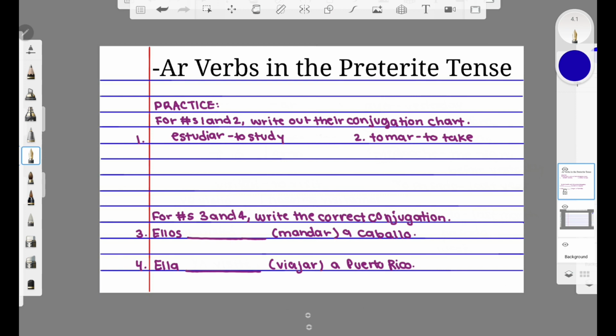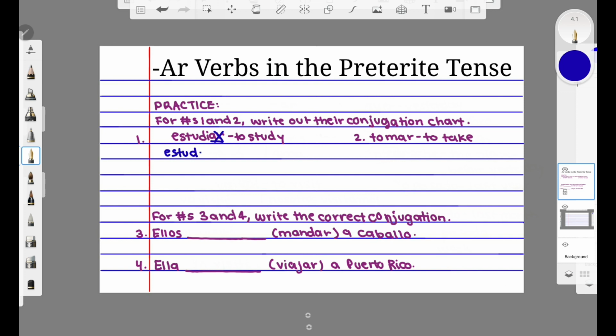Alright, so let's start with the first two problems where all we have to do is write out the conjugation chart. Keeping in mind again, é, aste, ó, amos, asteis, aron. So we're going to start with estudiar. Remember, we get rid of the AR ending and then we conjugate it with the correct one.